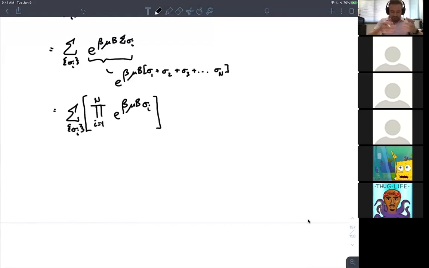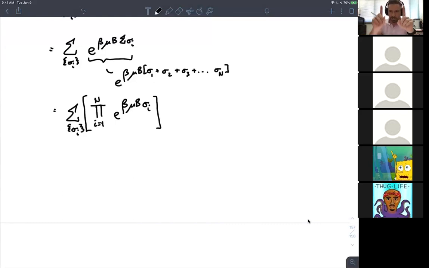Okay, so what we have is a sum over a product. So in other words, we write out our product for one spin configuration, then we add on our big long product for another spin configuration plus another. We add on another product for all of our spin configurations. So we're going to get a long series of sums of products of exponentials.